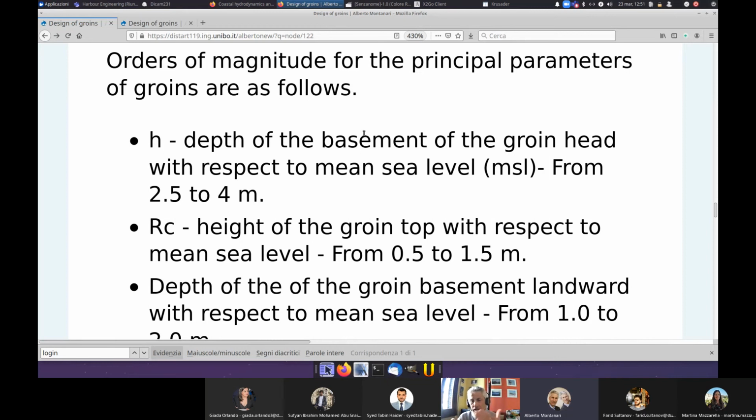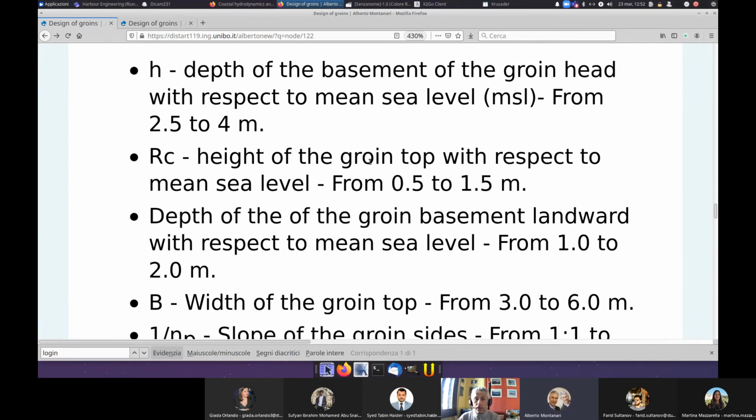And of course, the higher the groin, the higher the risk of instability. So you have to be careful in adopting massive structures. RC, which I just mentioned, the height of the groin top with respect to mean sea level, is from 0.5 to 1.5 meters. Keep in mind these orders of magnitude, because I may also ask you a question at the exam about them.